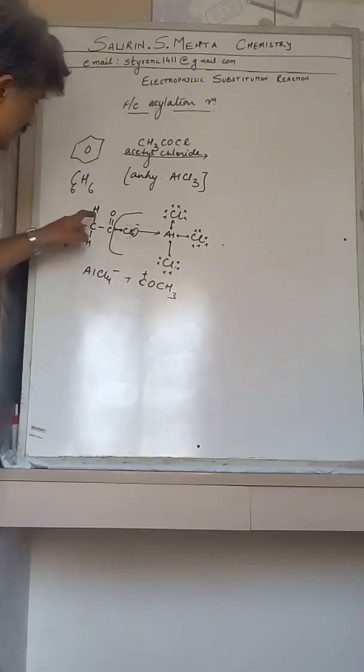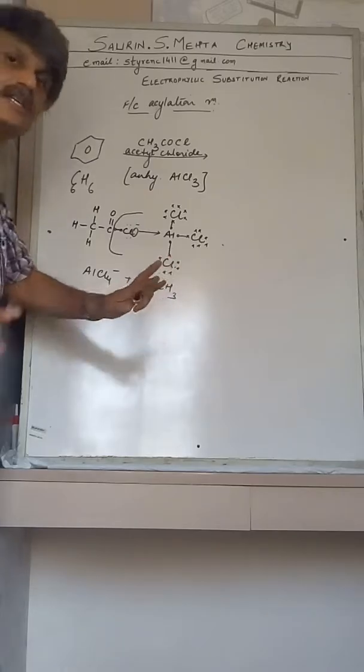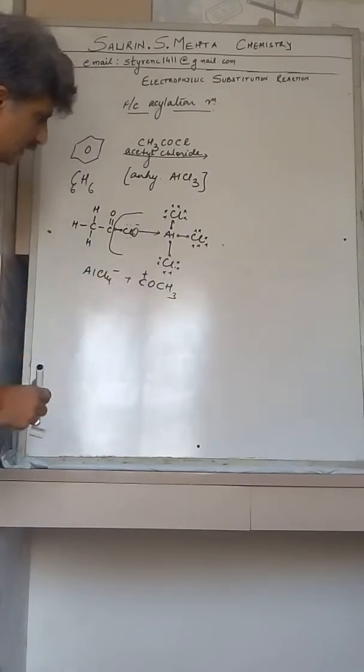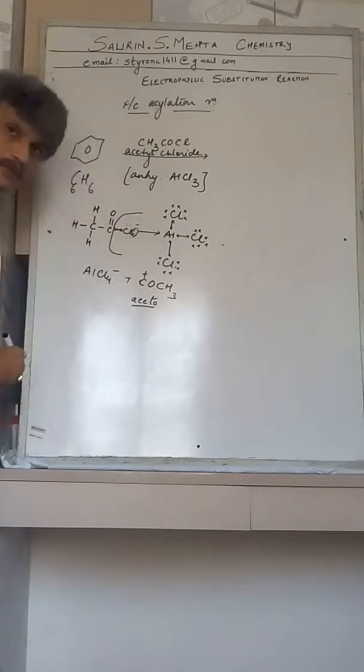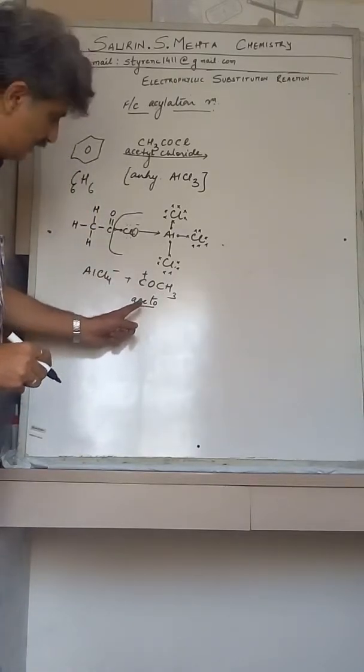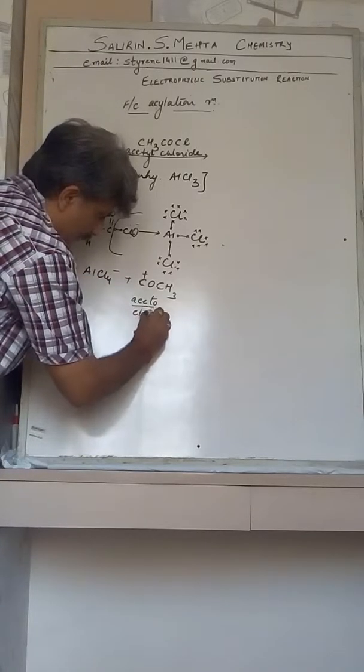It is CH3CO, I have written COCH3 just for simplicity. This is your aceto group, which we talked about in the starting of the lecture, and this is your electrophile.